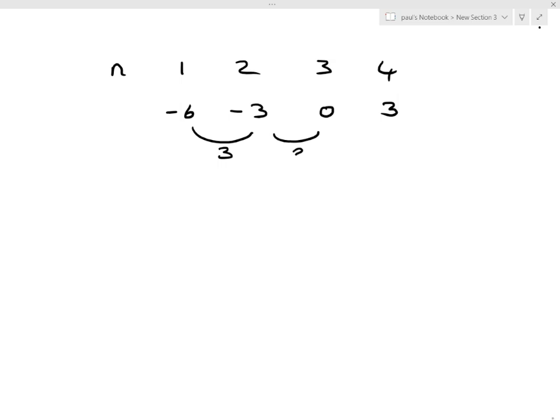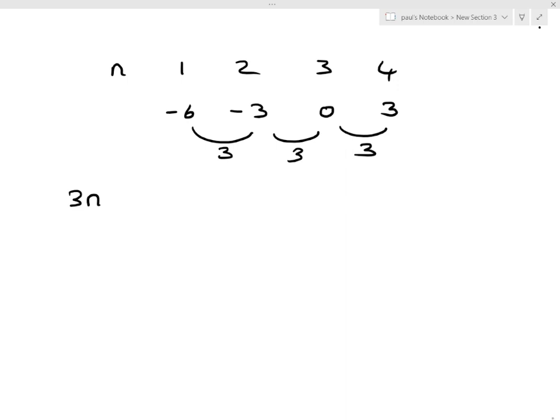Right, let's do this. The n numbers are 1, 2, 3, 4. The numbers in the sequence are minus 6, minus 3, 0, and 3. So what's going on? We're adding 3 each time, so that becomes 3n.